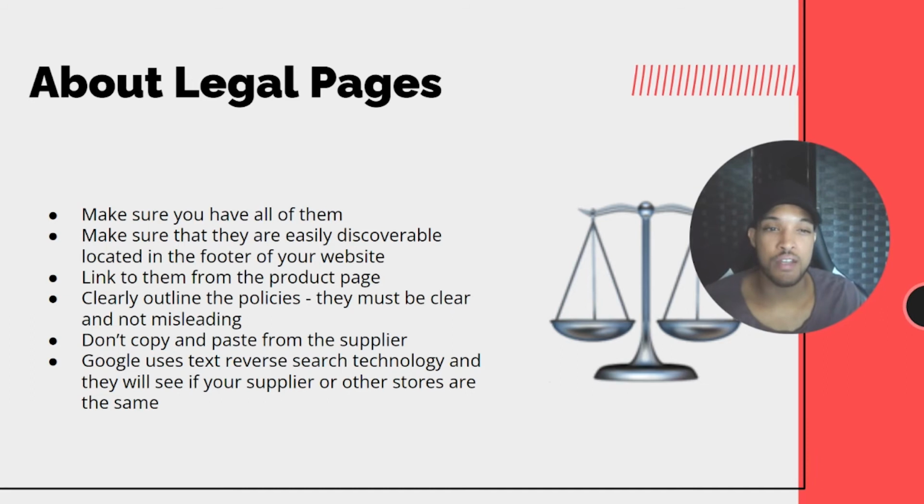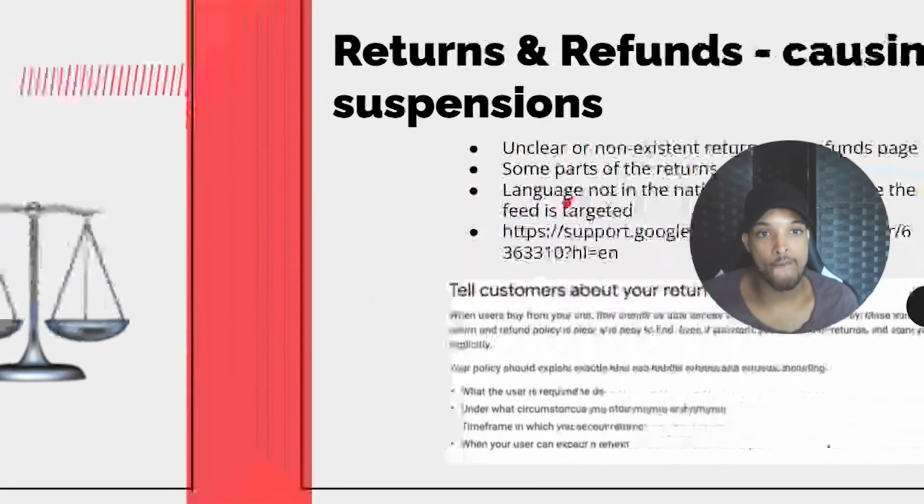Let's talk about specifically what is misleading copy. And don't copy and paste from the supplier. This is going to be an ongoing theme, and it's why people get banned in Google Merchant Center. It could be good for you if you're not copying and the scammy traffic is gone. And Google is still going to reverse search these legal pages as well. So make sure you're not copying.